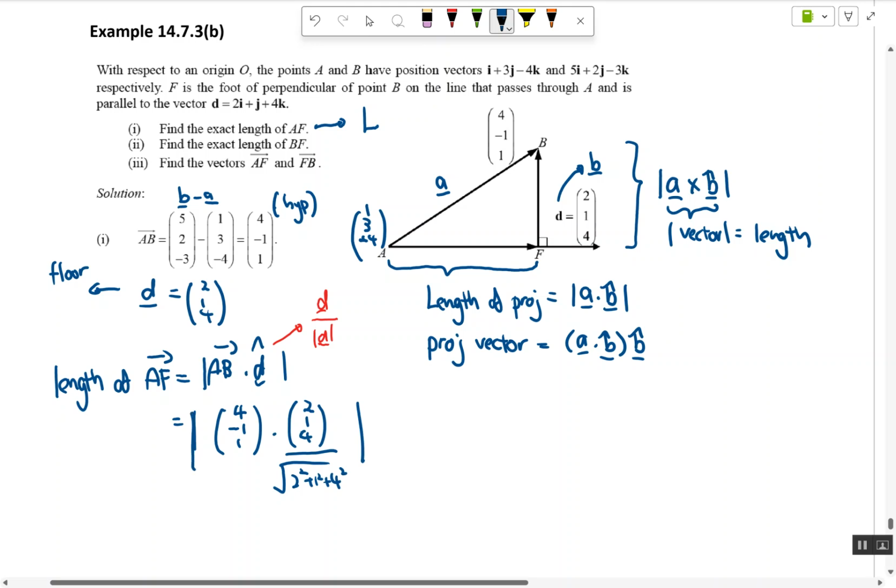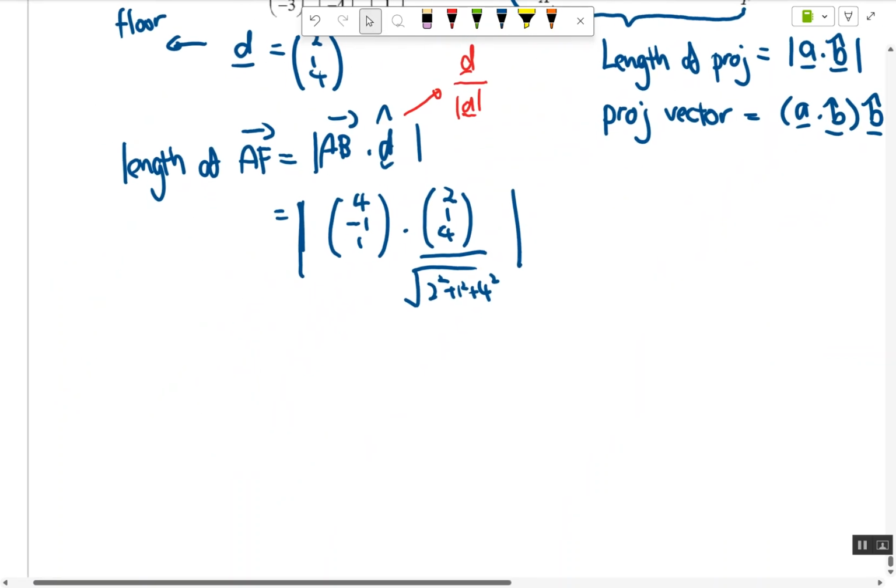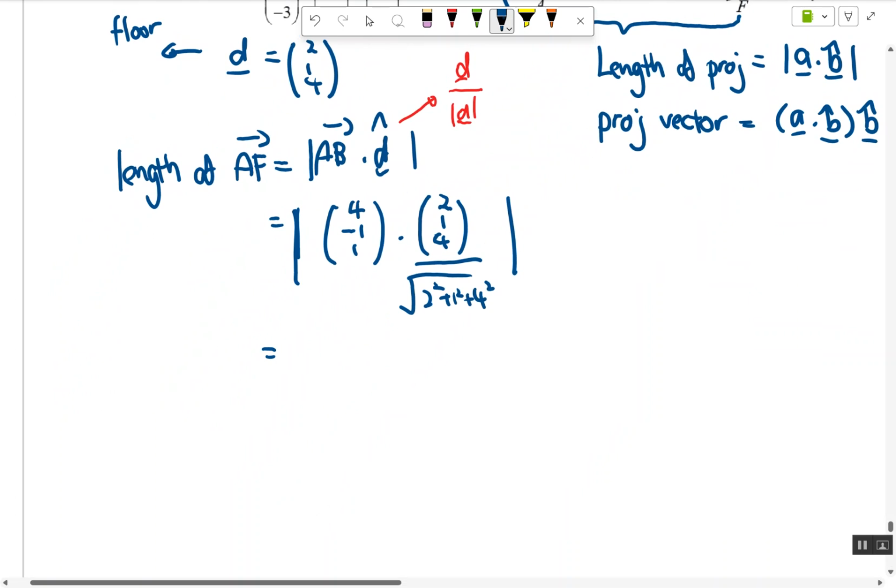So don't times in the scalar, pull the scalar out. That will be 1 over the square root of 4 plus 1 plus 16, which is 21, times 4, negative 1, 1 dot 2, 1, 4. And that will be equal to 1 over square root 21.